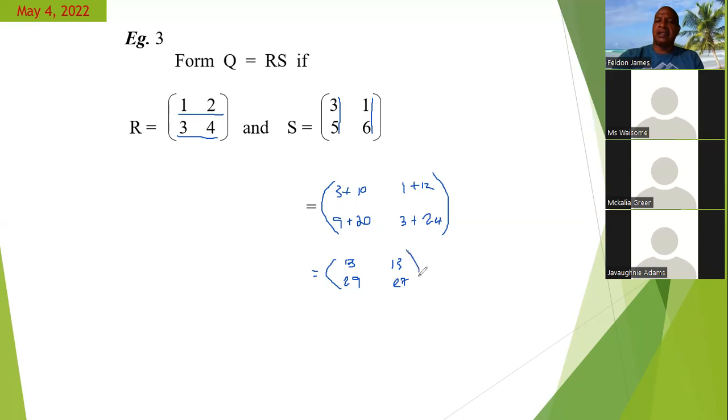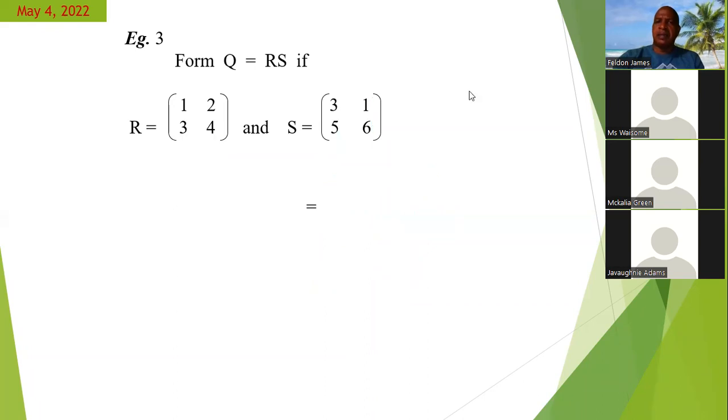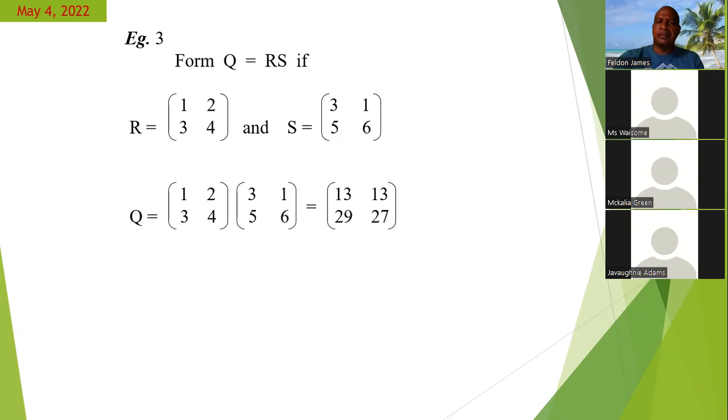That's what you got, guys? Yes, sir. Okay. Mr. Adams, did you get there? Yes, sir. All right, so that's the procedure when you're doing general multiplication.